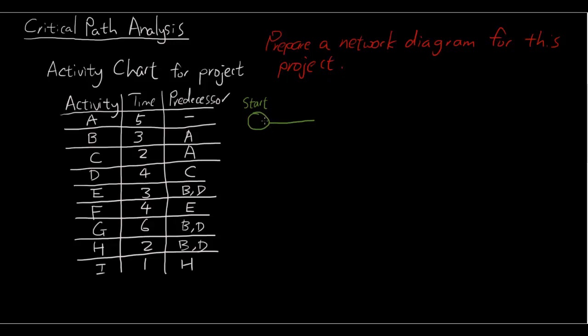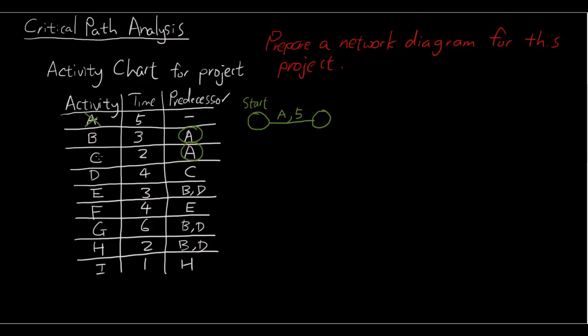So in the beginning, at the starting point, we have activity A that we're going to start off, and it takes 5 minutes. Now once A is complete, we arrive at the second stop, and as you can see, A is now on our network diagram, so we can cross out A. And now we look for activities where A is the predecessor.